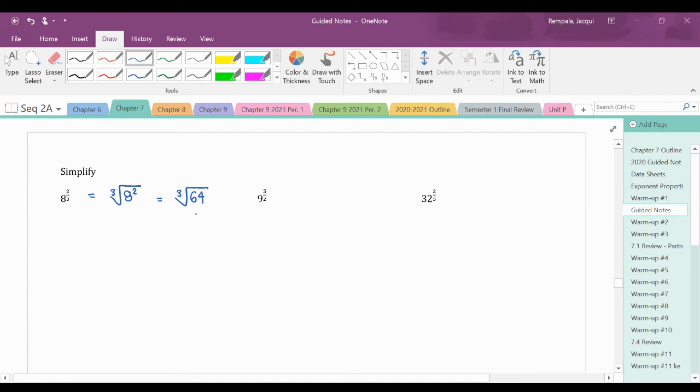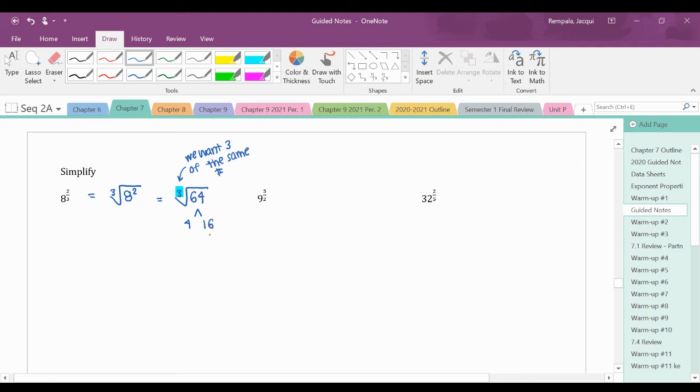So then if I start breaking up the 64, if you look at my radical, I have an index of 3. So that tells me that we want 3 of the same number. Many different ways to break up the 64. One of the ways would be 4 times 16.